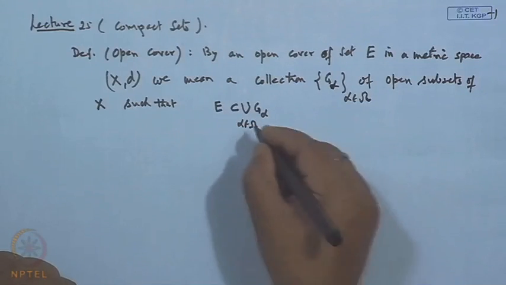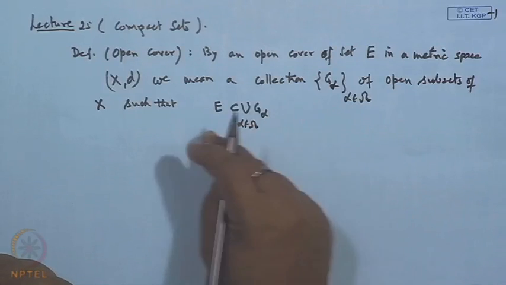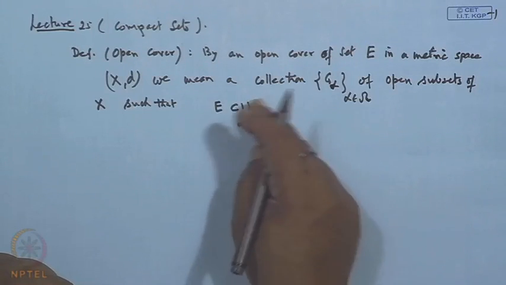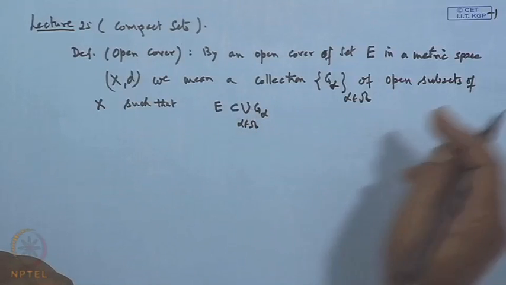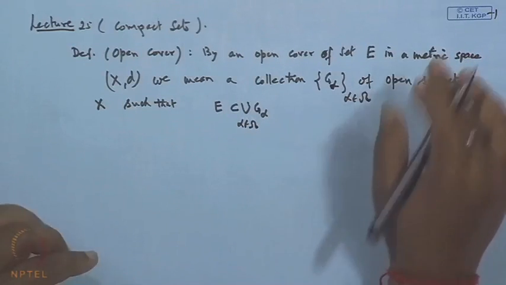Okay. So, if a collection of open sets has an arbitrary union that covers E, then we say this collection of open sets in the metric space (X, d) is called an open cover for E.